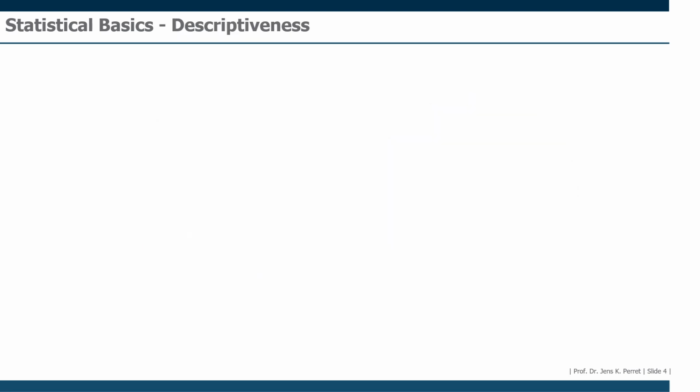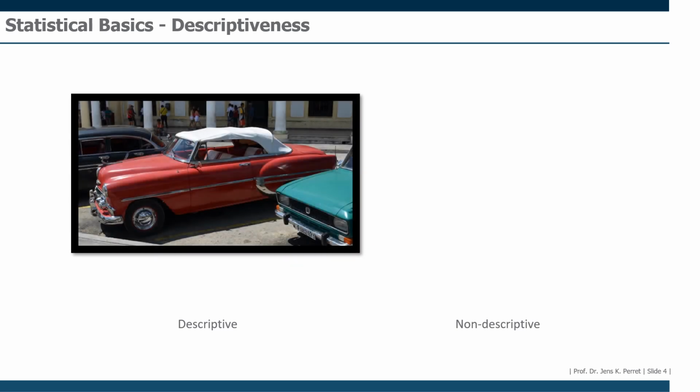That's the first part. The second or next part then would be so-called descriptiveness of data, or the difference between descriptive and non-descriptive variables. Descriptive means that, for example, there could be more than one existing value for a certain variable.